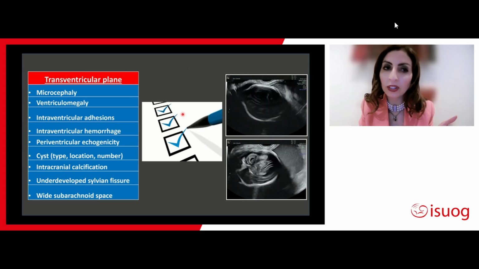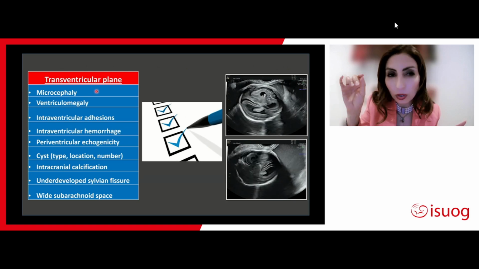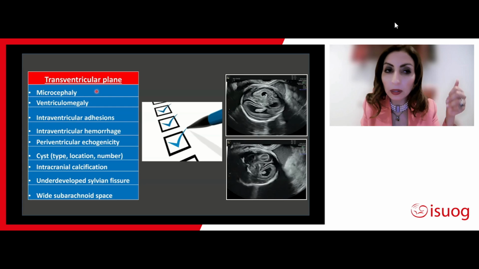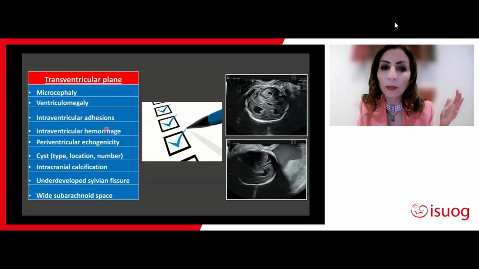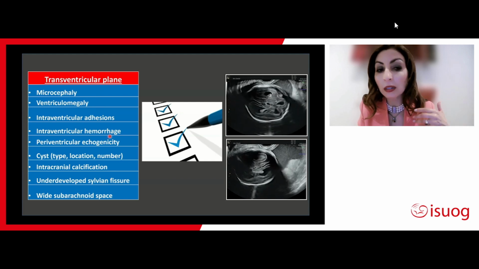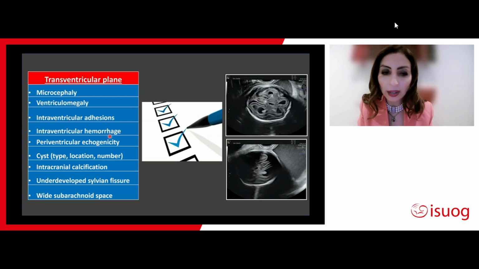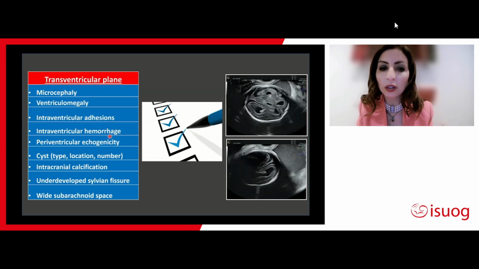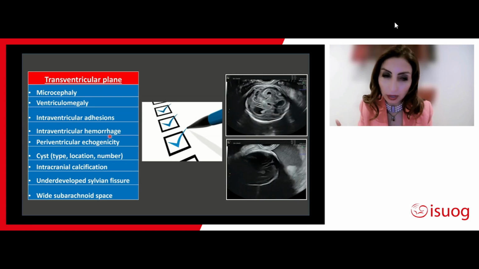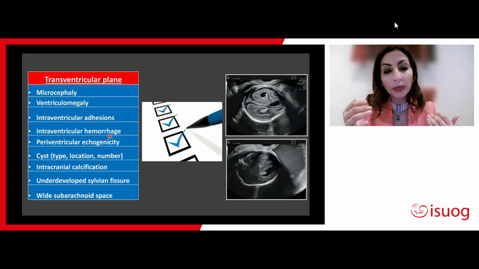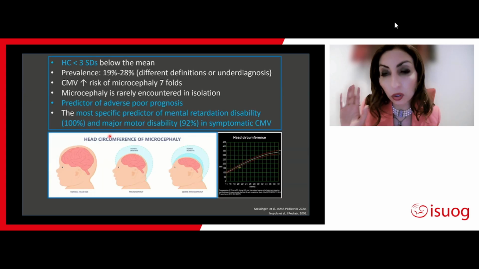So for example, the transventricular plane, what I want to tick the box in presence or absence is microcephaly, ventriculomegaly, the intraventricular adhesions, intraventricular hemorrhage, the periventricular echogenicity, the cyst, and if I have a cyst, I comment on the location, the number, the type, intraventricular calcification, underdeveloped Sylvian fissure, wide subarachnoid space. There are so many ultrasound signs that can either confirm that they are present or confirm that they're not absent, even when I'm looking at just a transventricular plane.